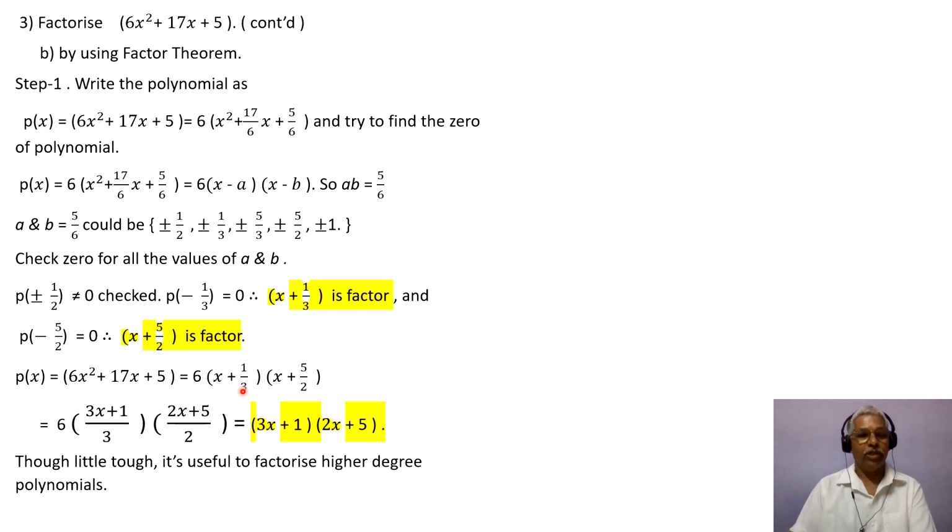Now taking LCM in this it is 3x plus 1, and in this 2x plus 5. So this 6 cancels with 3 and 2 and you are left with 3x plus 1 and 2x plus 5. Okay, so it is a little tough, but useful to factorize higher degree polynomials.